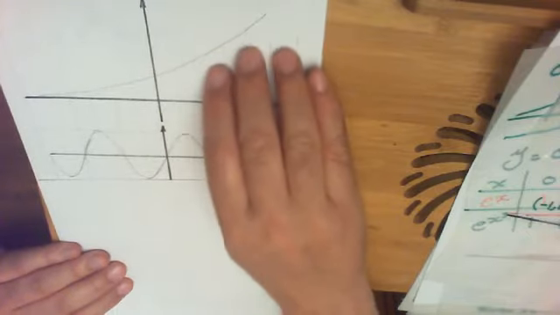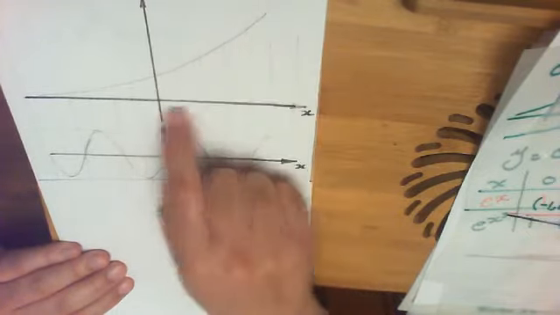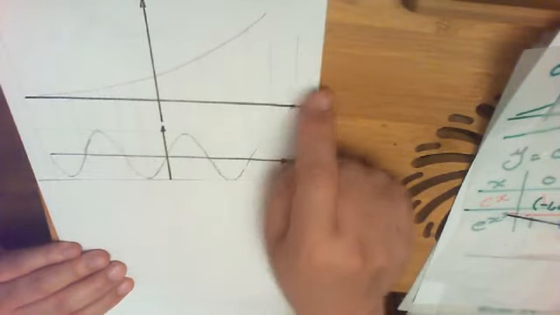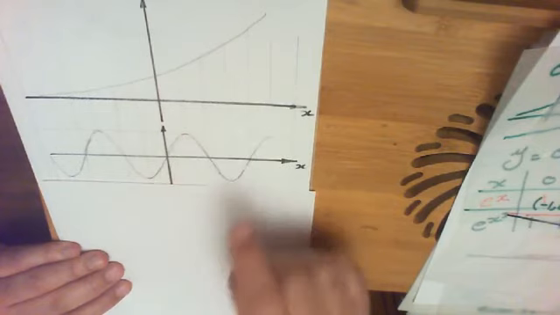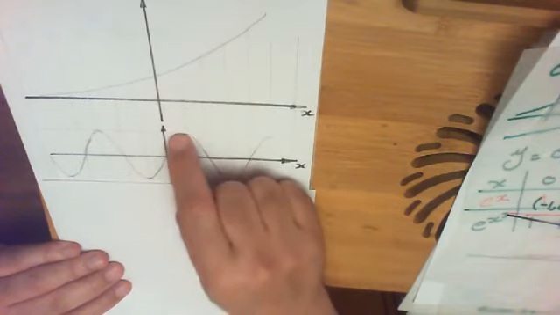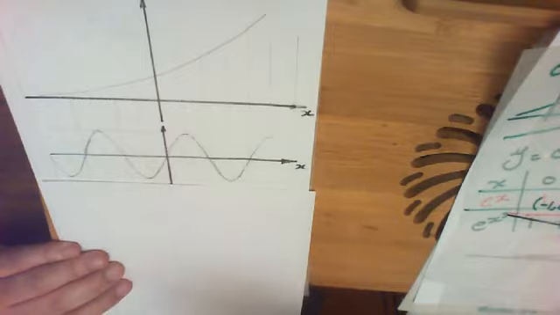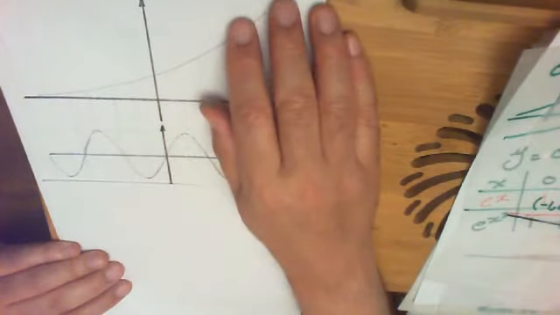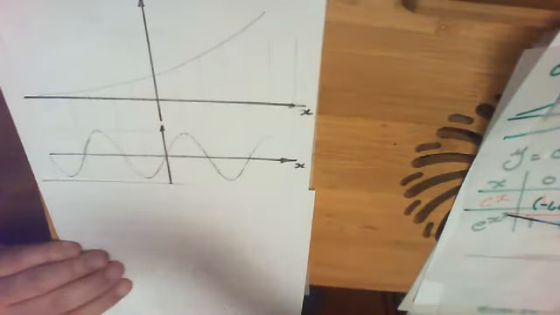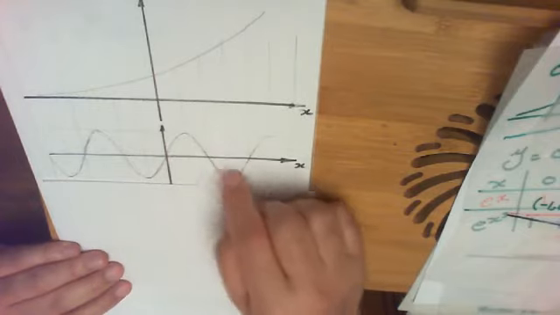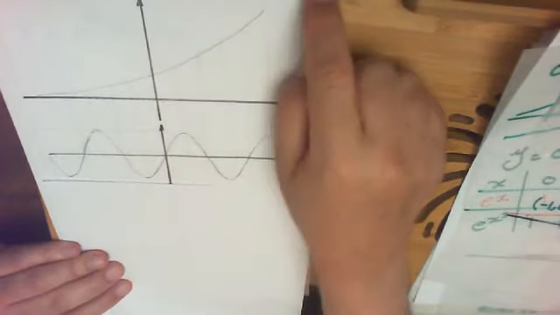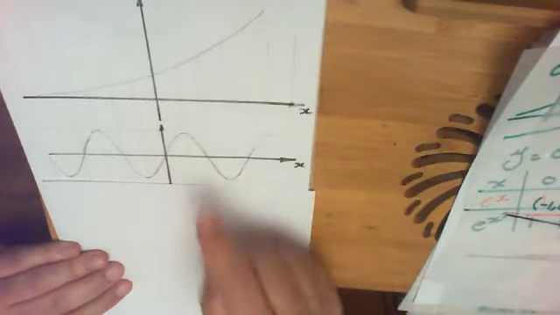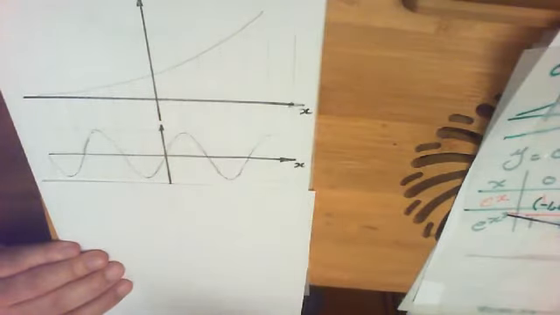E to x is increasing from 0 to infinity. But sine x is bounded between minus 1 and 1. When you multiply a bounded value with an increasing value, the product is also increasing, because the sine is bounded between minus 1 and 1. It will reach infinity. So the product is increasing.